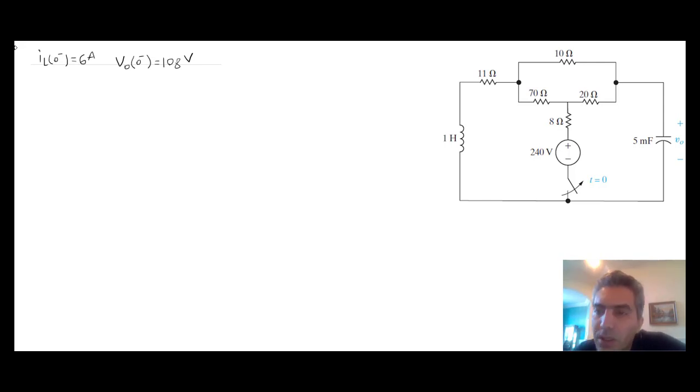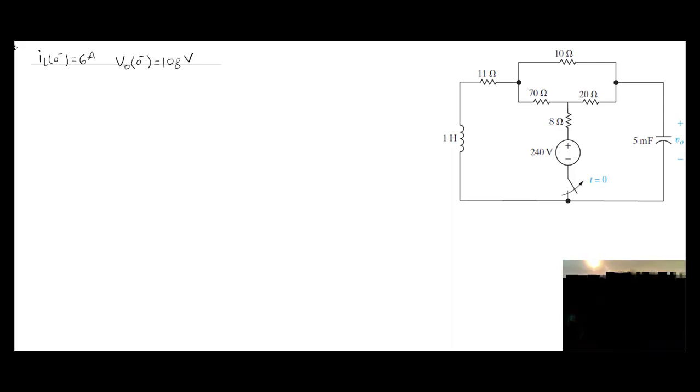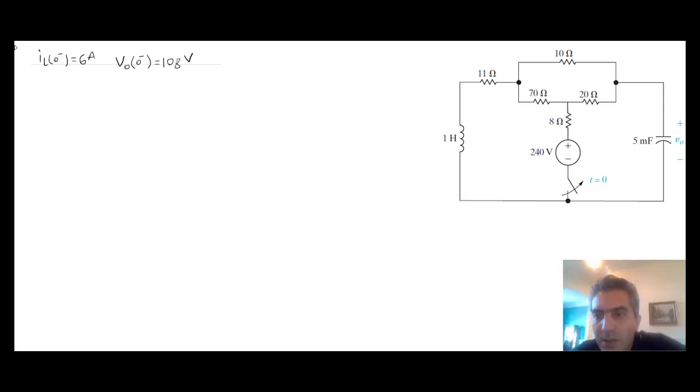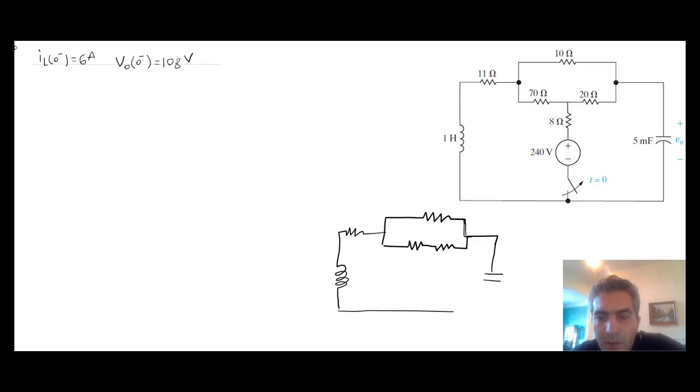So I'm going to redraw the circuit, this time after the switch. Like I said, this branch is gone, so you have a capacitor here, and then you have this branch of the 2 resistors, 20 and 70 in series, and then on the other end the 10, and then it gets connected to the 11 ohm and then the inductor, and after that goes back here and gets connected to the capacitor, and that's it.